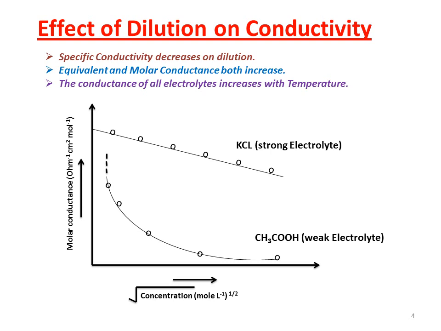So coming to our second point, equivalent and molar conductance both increase. At this point we have two reasons. The first reason is that when we dilute an electrolyte, the hindrance decreases.